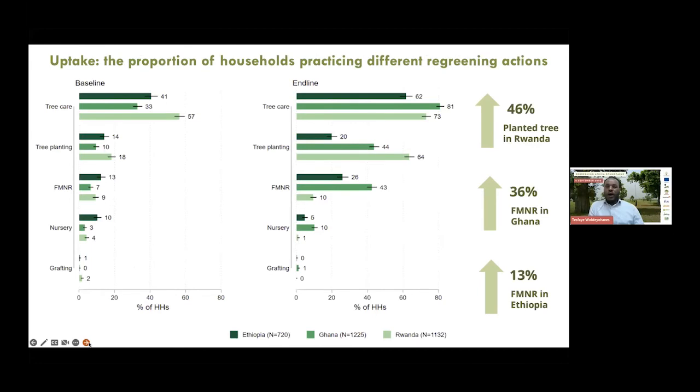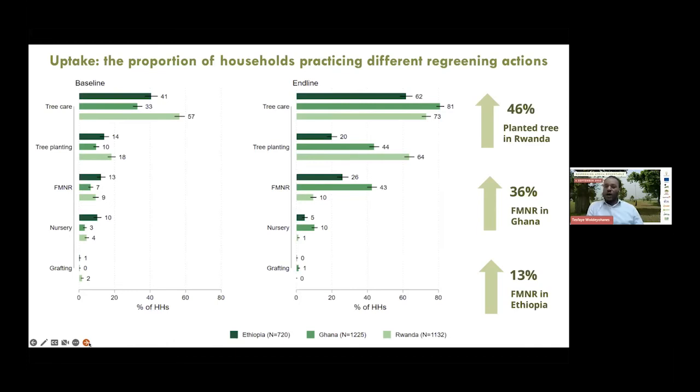So how did the uptake of different regreening practices change from the baseline to endline? We have asked farmers if they have implemented any of the regreening related initiatives on their farms or homesteads, and it indicates the uptake has significantly increased in terms of tree care and management in all 3 countries.